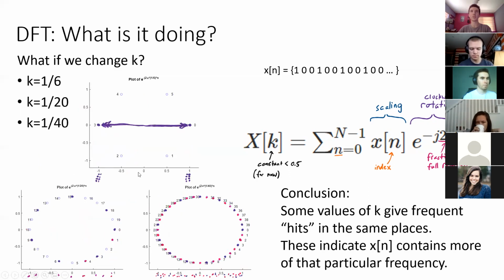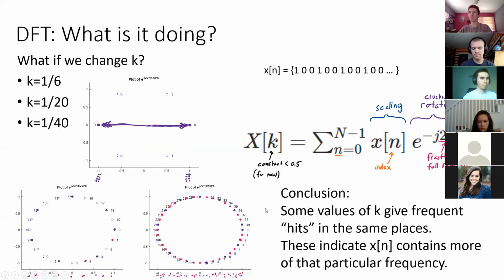What's interesting though is if we change this k, we can get different distributions. So if we change it, now it's a multiple of 3, but it's every 6, right? We get them at the positive and at the negative side. But then again, if we change it to 1 over 20, it's distributed everywhere. And if we change it to 1 over 40, it's still distributed everywhere.